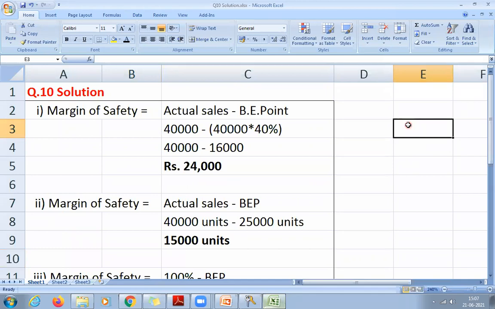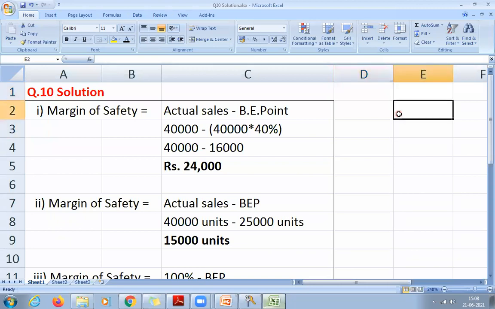For example, when you apply for a loan, the bank will always see the margin of safety, where we earn neither profit nor loss, but how much buffer you have before you reach the break-even point. The more the buffer, the more sound and financially strong the company is. Then the creditors, your bankers, will give you the loan when you apply for it. Got it?